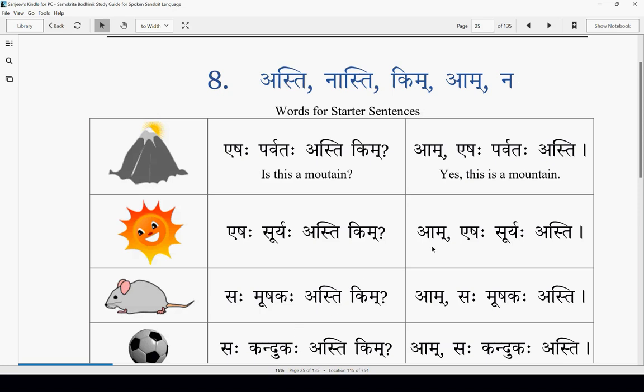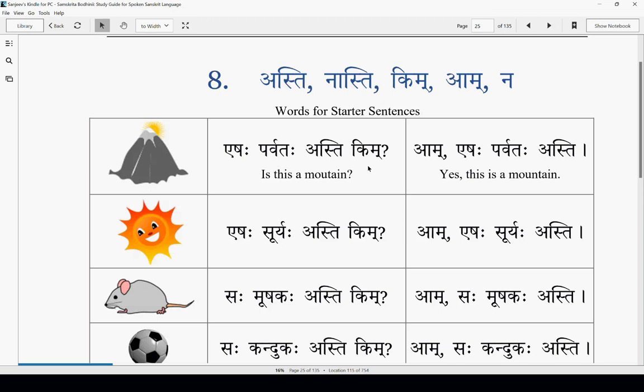They don't have a vibhakti table. I mean, they do have, but they don't change their form. They don't have vachanam also. They are fixed just in that meaning, in that context, for that purpose only, used in the sentence. So, no lingam. So, Eshaha Parvatah Asti Kim. When we use that, this Kim is not used as an adjective.